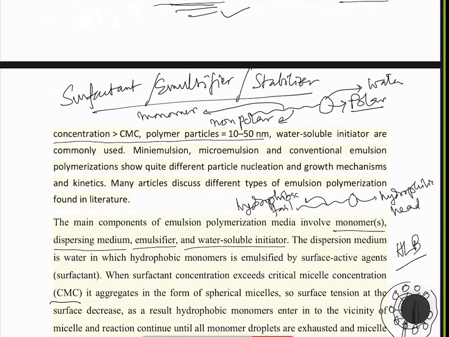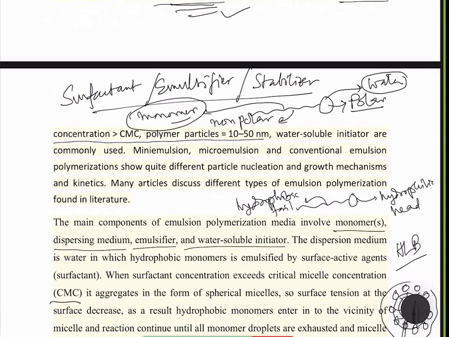and that way they can bring this hydrophobic monomer very close to the water by reducing the surface tension, and aid the dispersion of the monomer in a much finer size in an emulsion than what we get in case of suspension polymerization.